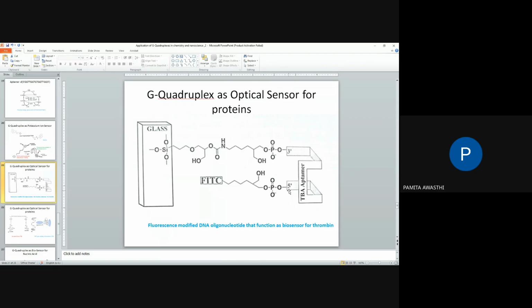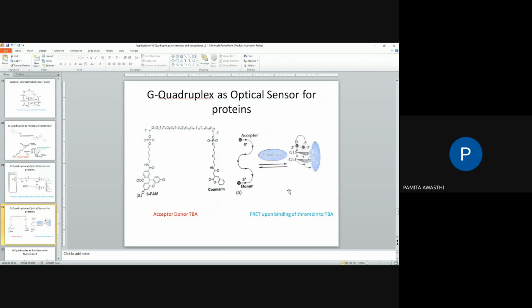These TBA sensors are very sensitive and rapid, and they can detect samples as small as from nanomolar to micromolar range within 10 minutes. So, a very powerful sensor.